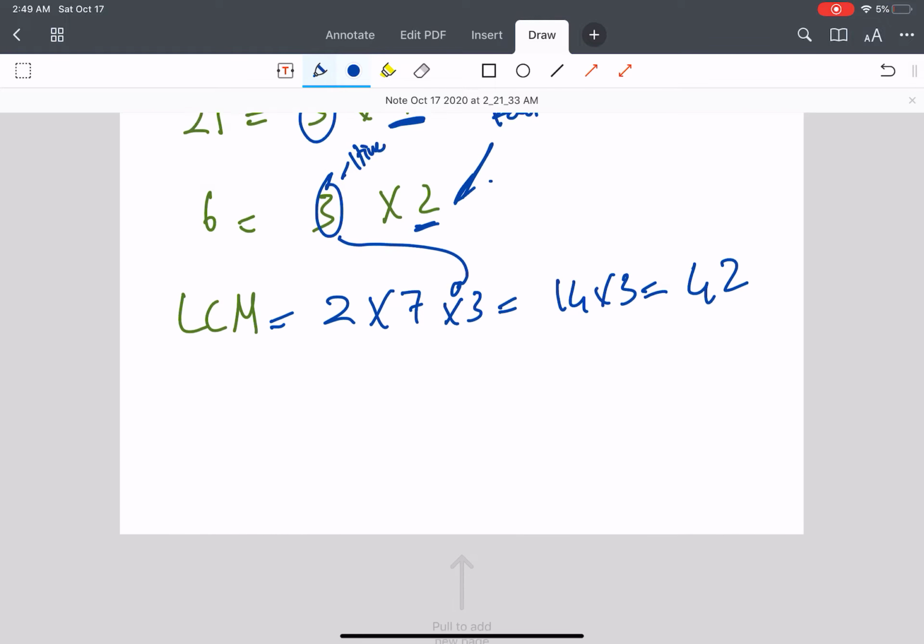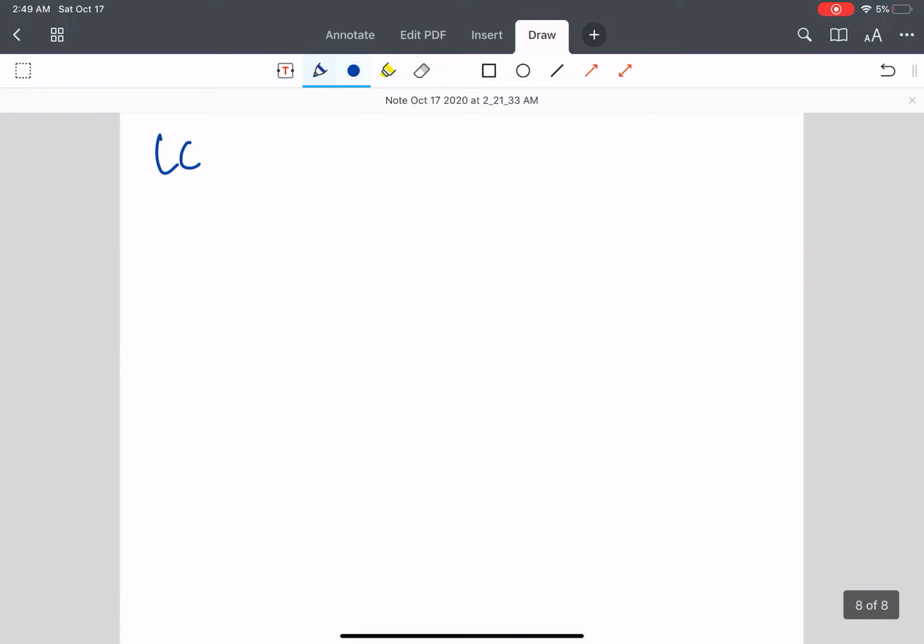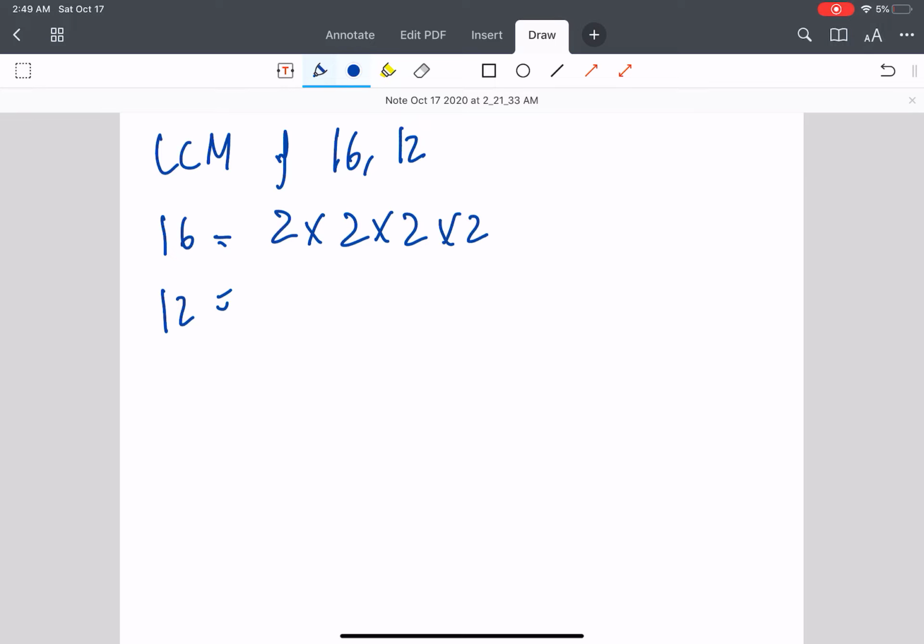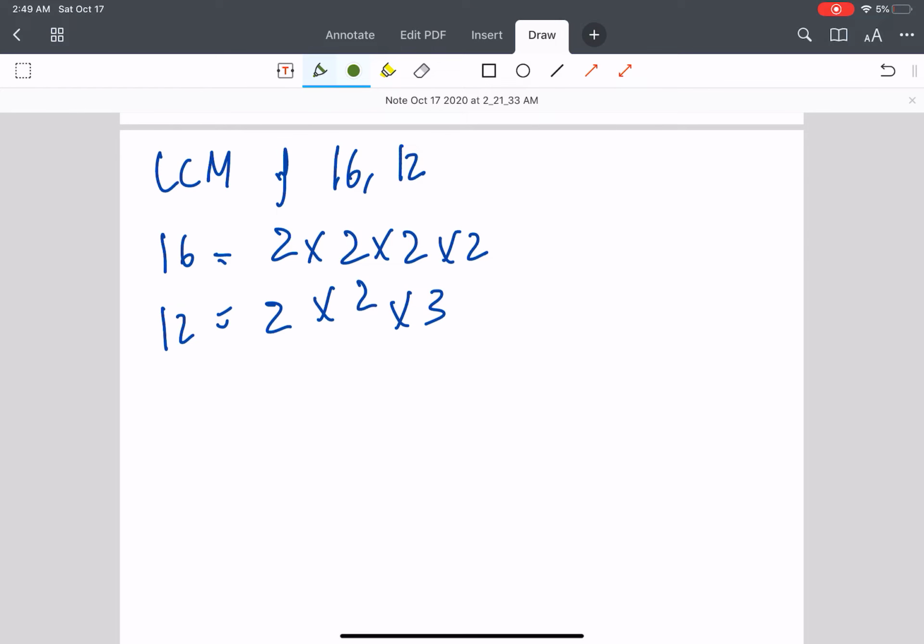Okay, let's get another example. LCM of 16 and 12. So 16 is equal to 2 times 2 times 2 times 2, and 12 is equal to 2 times 2 times 3. We factorize and get the uncommon factors. 3 is an uncommon factor.